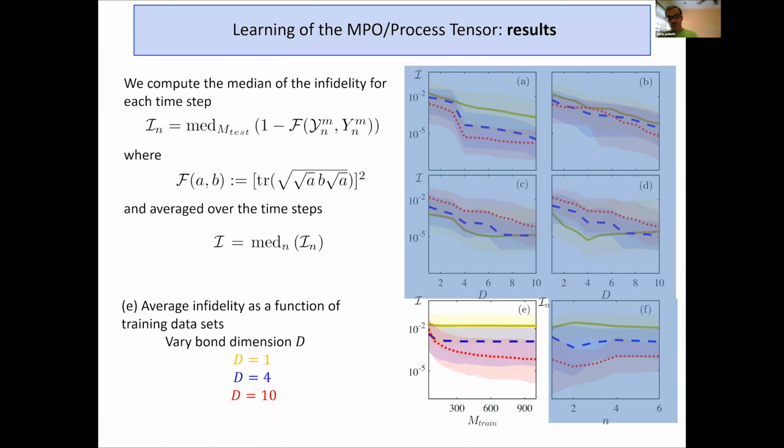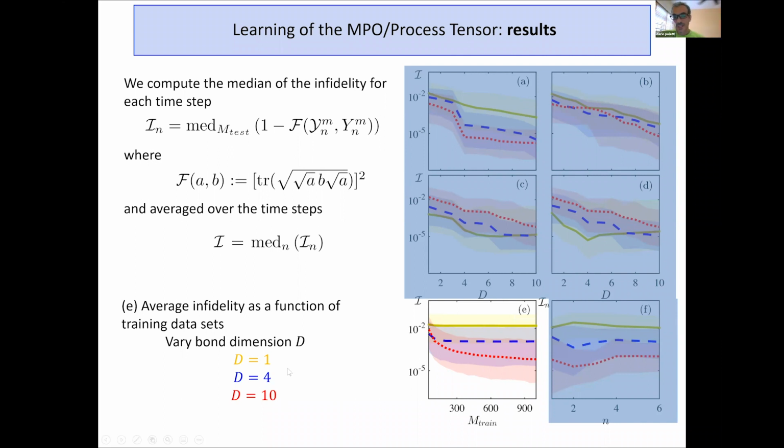Then I can also look at how many samples I need to properly train my MPO and get low enough infidelities. The main point of this figure is that it depends on the value of the bond dimension in the MPO.